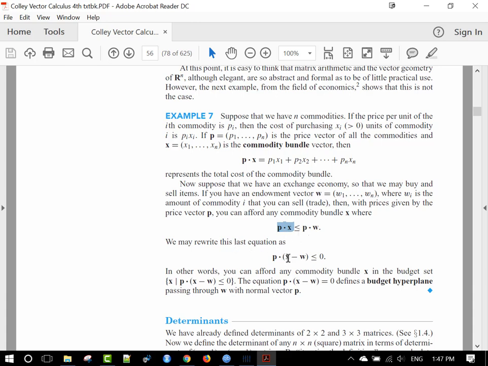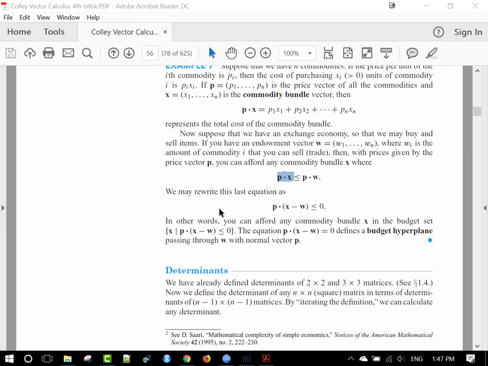They say you can rewrite this equation like this. Just factor out the p. In other words, you can afford any commodity bundle X in this set, the set of all X such that this is less than 0. The equation this equals 0 we recognize as a hyperplane, so we'll call it the budget hyperplane.